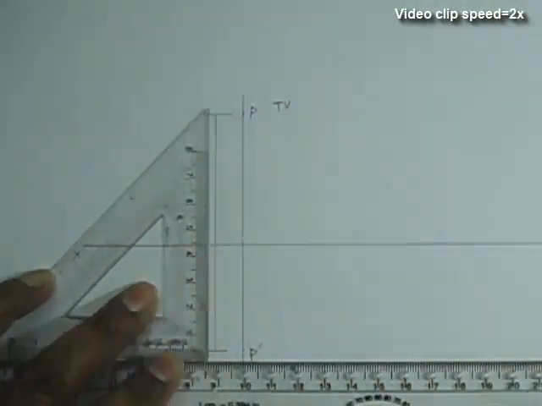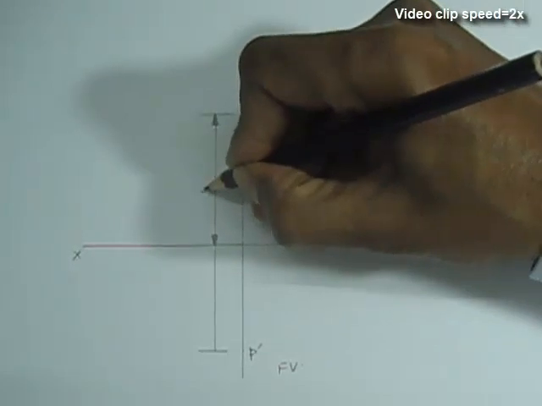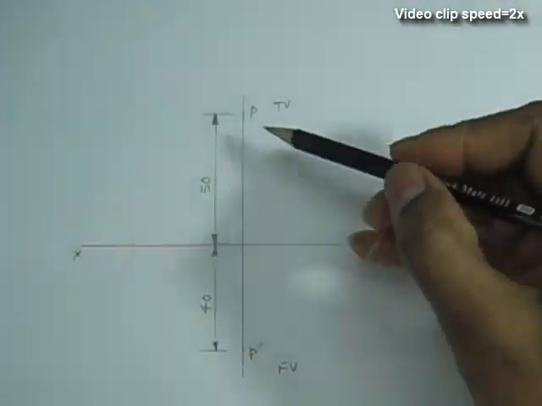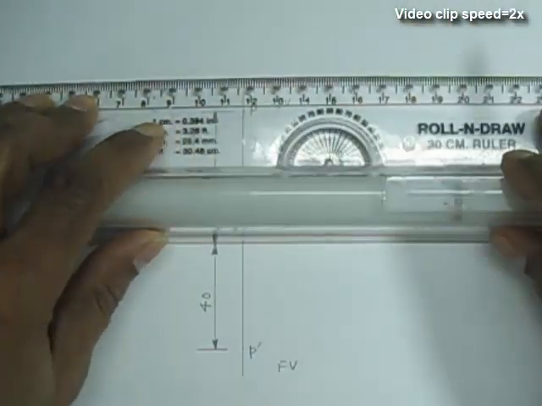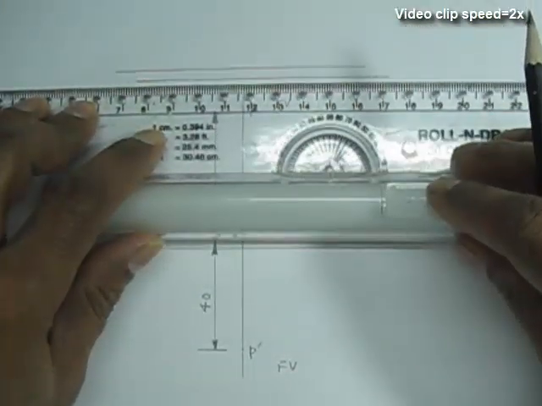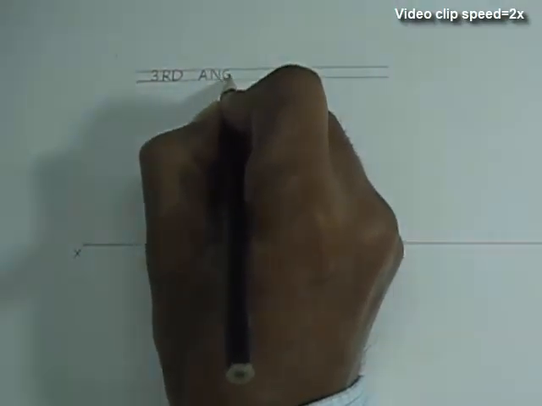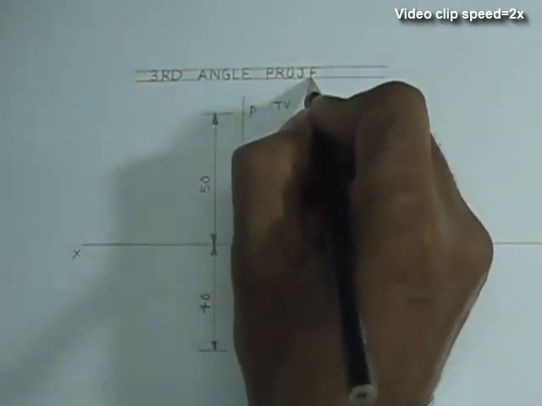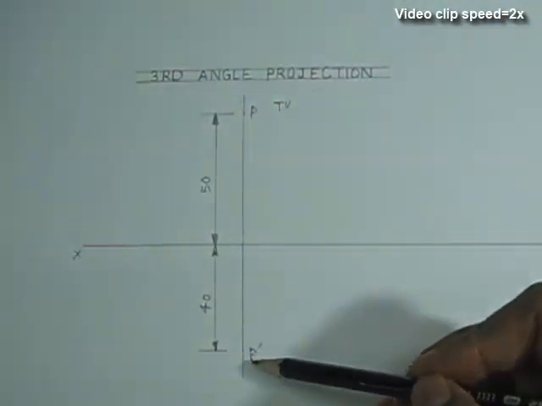Always use thin lines for the dimension line. So in the third angle projection system, we can see that the top view will come above the reference line and the front view below the reference line.